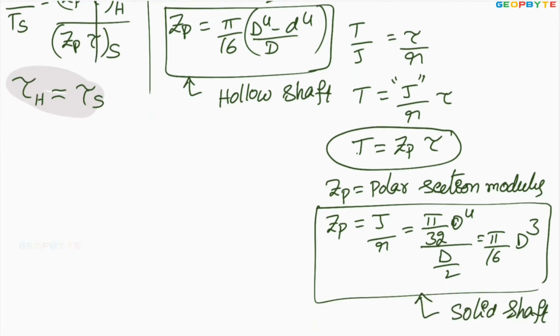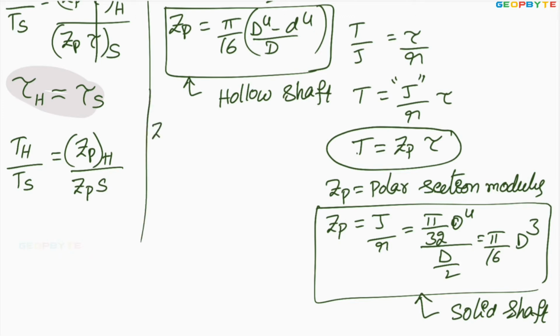Finally, the torque of the hollow shaft divided by torque of the solid shaft equals Z suffix P for the hollow shaft divided by Z suffix P for the solid shaft.